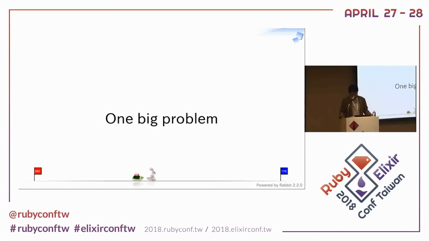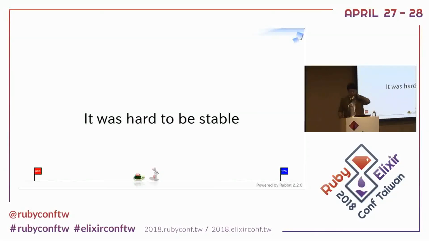But we had one big problem. Replacing the virtual machine and adding a JIT compiler is a huge jump, so it is quite hard to make it stable. Remember that it's quite easy to implement a subset of Ruby, a fast subset of Ruby, but to implement a fully compatible virtual machine is a very tough task.